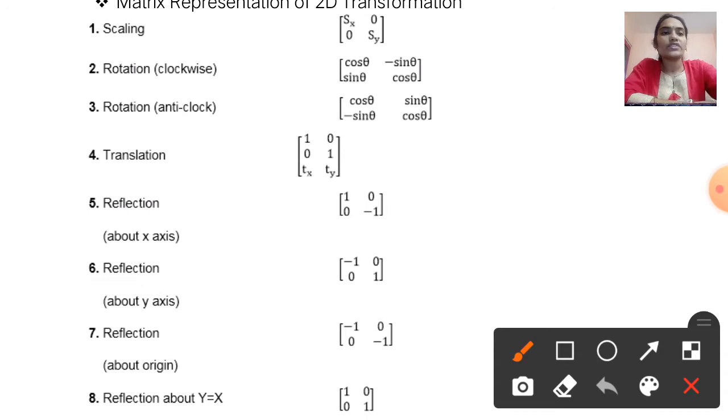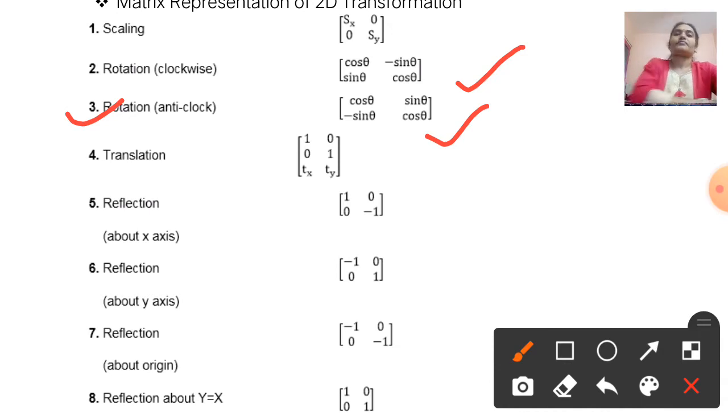In the clockwise rotation, the matrix is cos theta, minus sin theta, and so on. And in anti-clockwise rotation, the matrix is cos theta, minus sin theta, cos theta. This one is the anti-clockwise matrix representation.